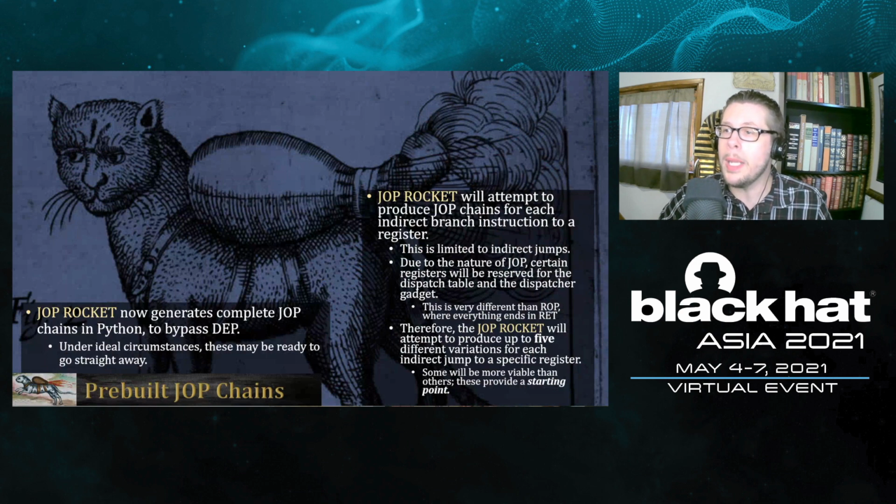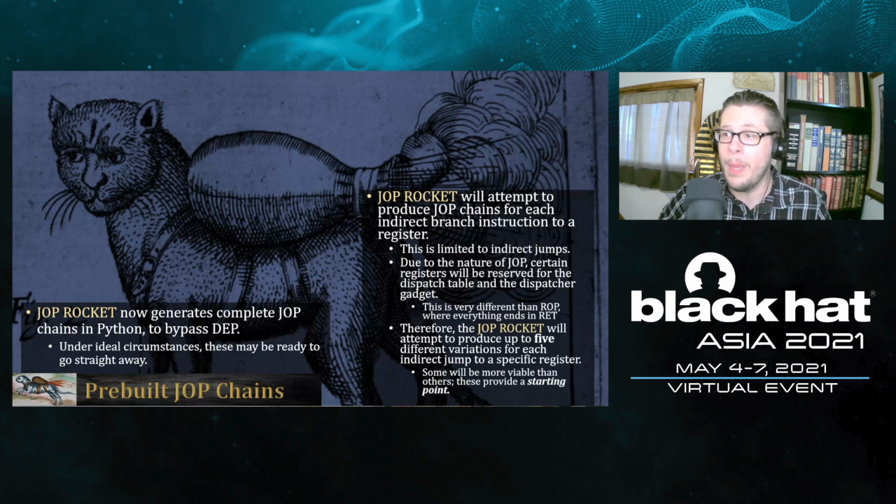Now, what JOP ROCKET does is it will try to produce distinct JOP chains for each and every register, because remember, these registers are very conflicted. So we have a register always tied up for the dispatch table and also tied up for the dispatcher gadget. So if we interfere with those registers, it breaks the control flow.